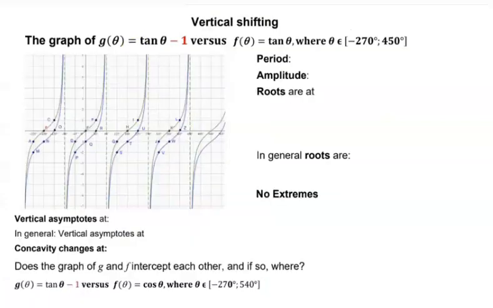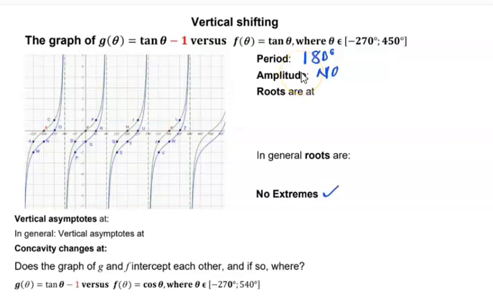On this page I've joined the points electronically, and you can see the blue graph there, which represents the graph of G. So if we fill in again all the necessary details, we see the period is still 180 degrees. As before, we do not have any amplitude because we do not have any extremes, no minimums or maximums.